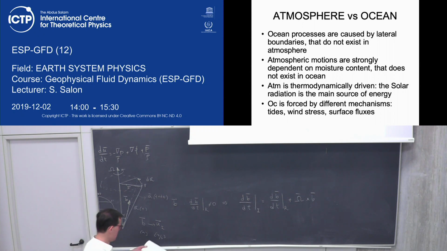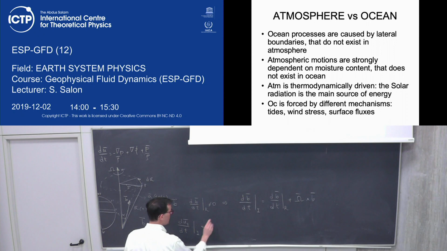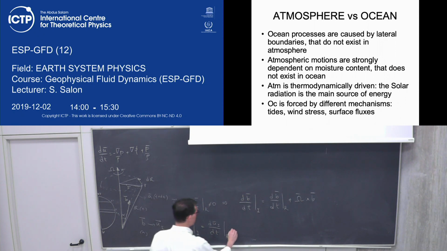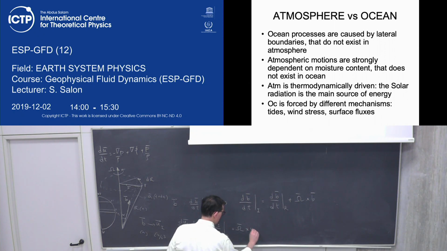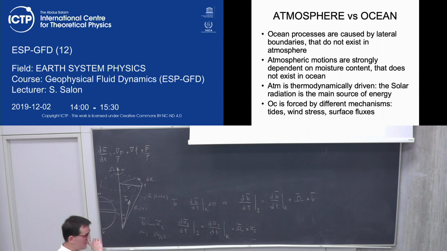If I apply this equation here, I will have that dui over dt in the inertial frame of reference will be, I just substitute B with ui, dui dt in the rotational frame of reference plus the vectorial product between omega and ui.